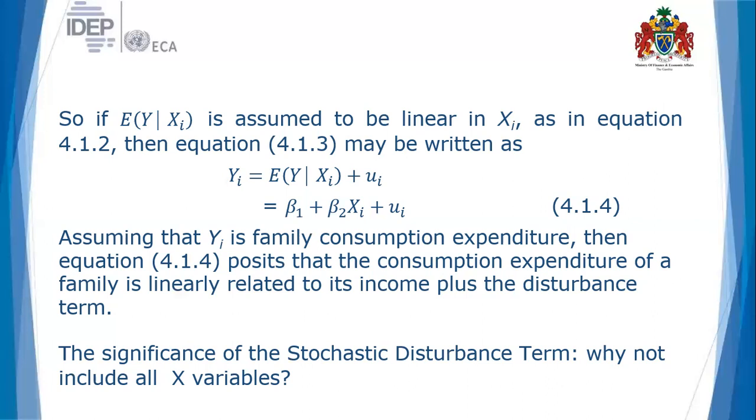Assuming that yi is family consumption expenditure in our previous example as the dependent variable, then equation 4.1.4 shows that the consumption expenditure of a family yi is linearly related to its income, which is xi, plus the disturbance term mu i.